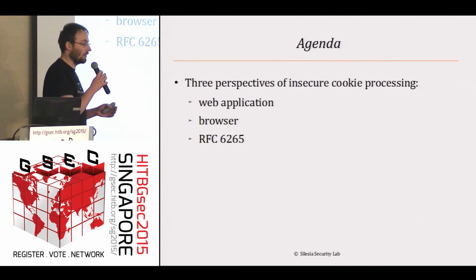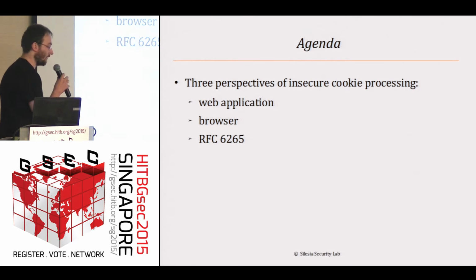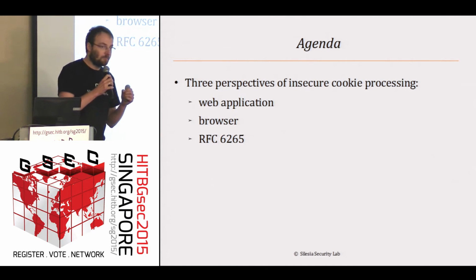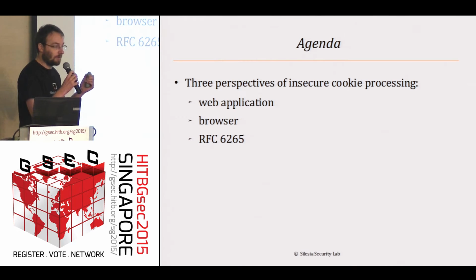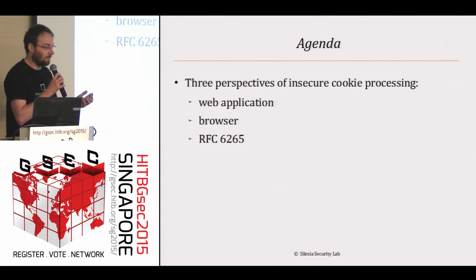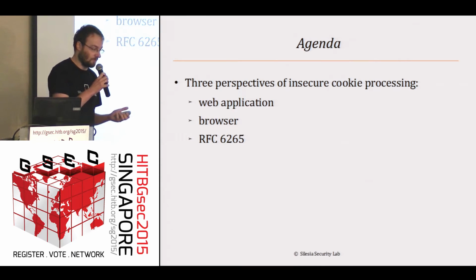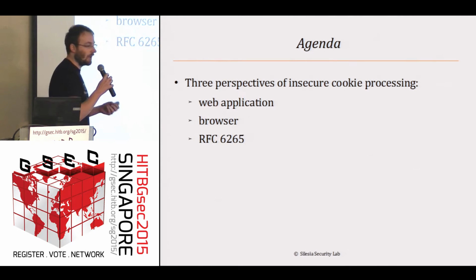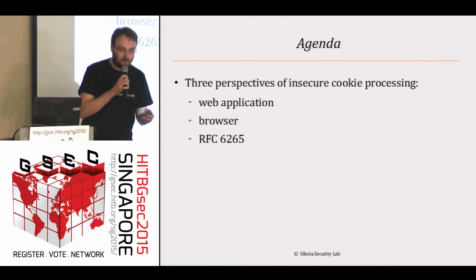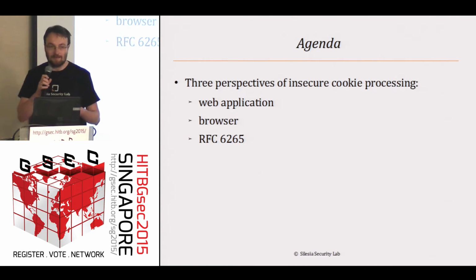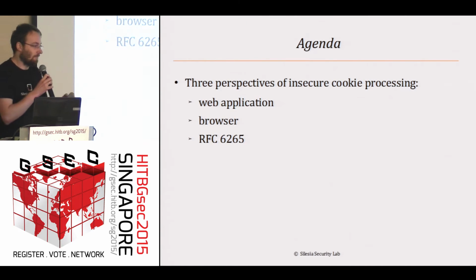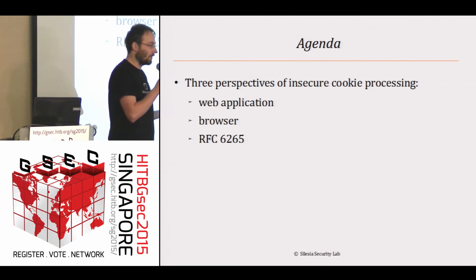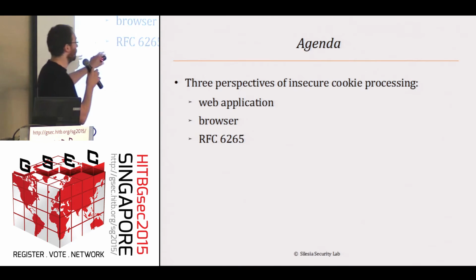And the last one is RFC 6265. We have to keep in mind that cookie processing is described in this document. This is just the RFC that describes how cookies should be processed. And all modern browsers rely on this document. If you find any kind of weakness in this document, then the consequence is that all browsers are affected, right? That's why it's also very, very interesting from my point of view to dig into this document.